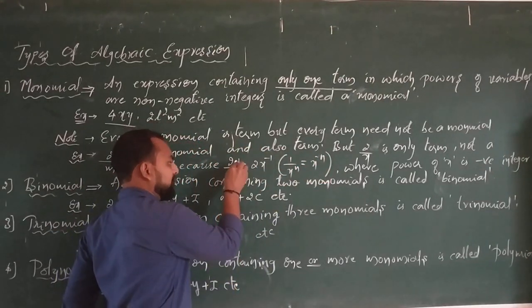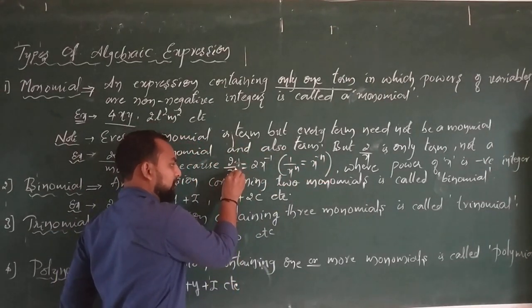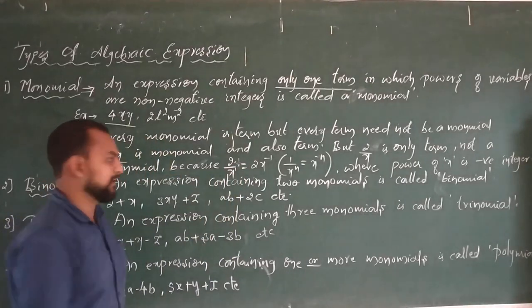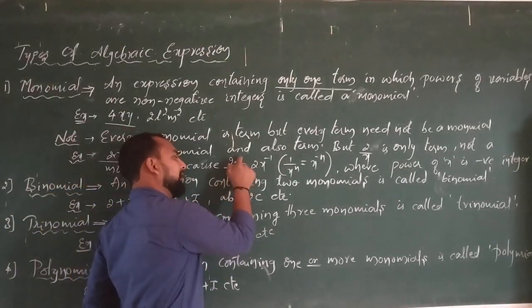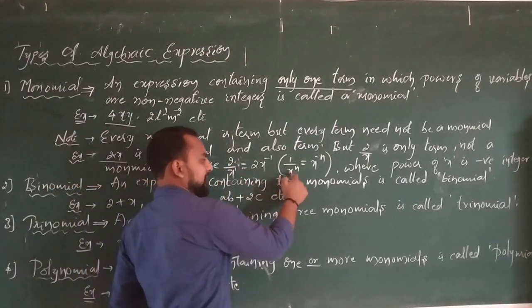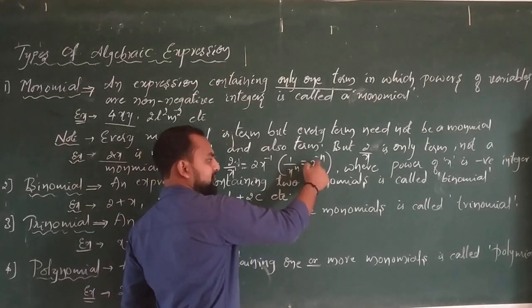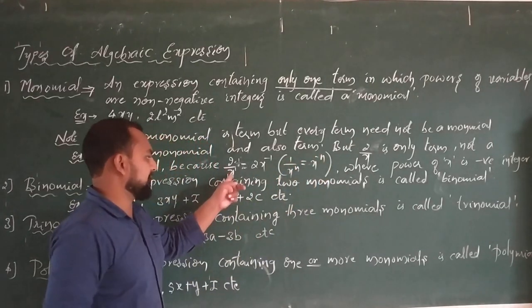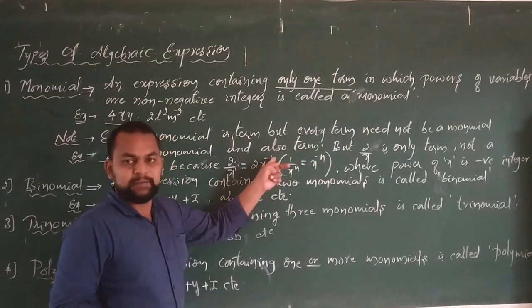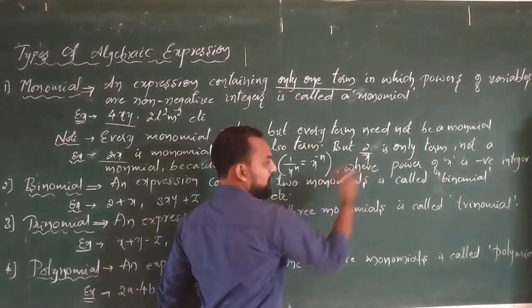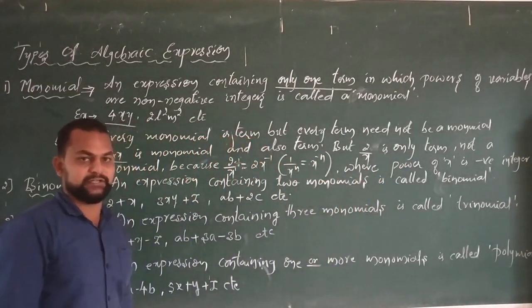This is also in the form of 1 by x raised to 1, then 2 into x raised to minus 1, where the power of x is a negative integer.